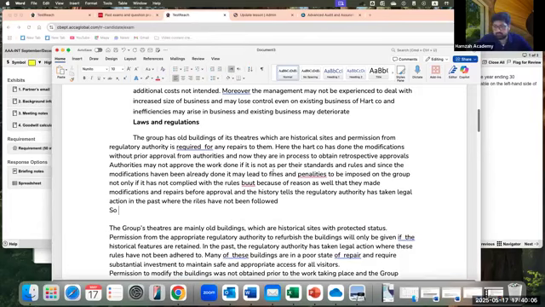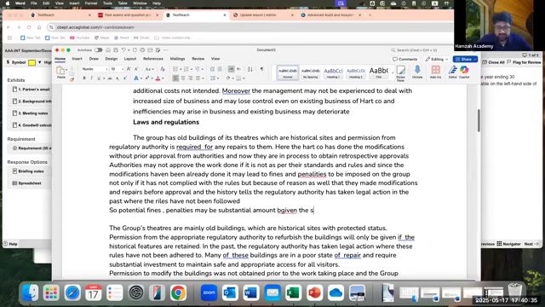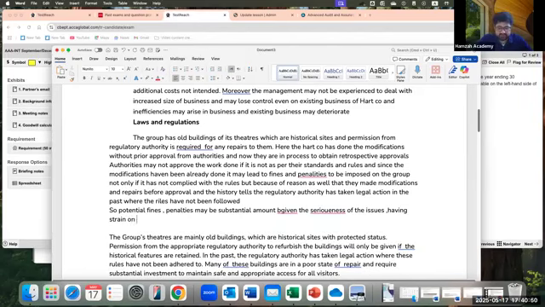So potential fines and penalties may be a substantial amount, given the seriousness of the issue, having a strain on business cash flows and profitability.